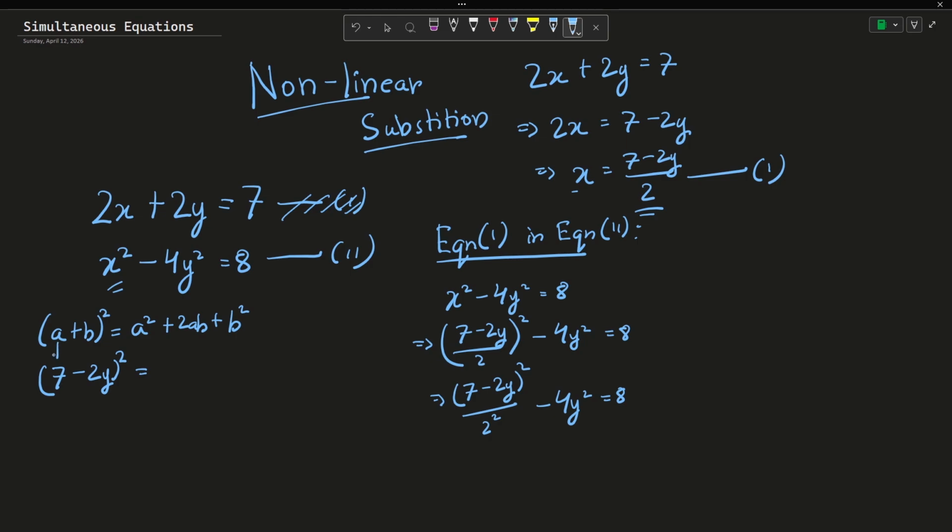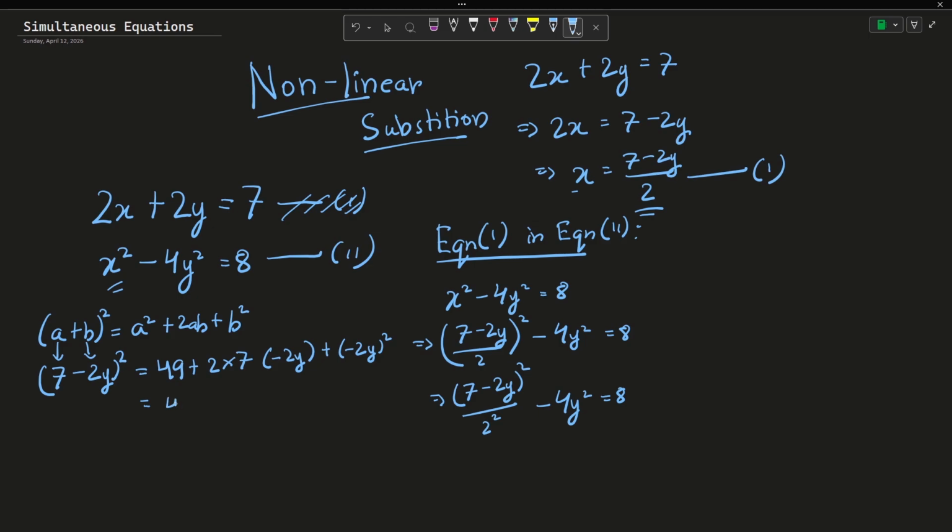Right now 7 is acting as a and minus 2y is acting as b. So first of all, we have a squared, that is 7 squared, which is 49, plus 2 times a, that is 7, times b. And don't take b as only 2y, you have to take b as minus 2y, plus (minus 2y) whole squared.